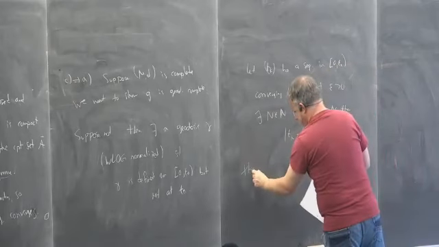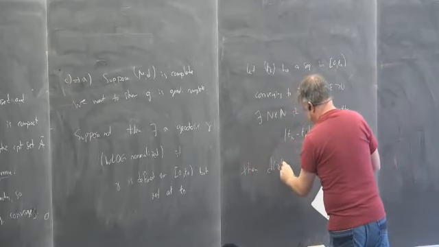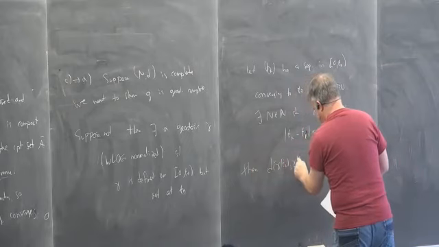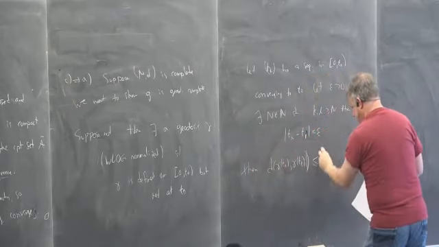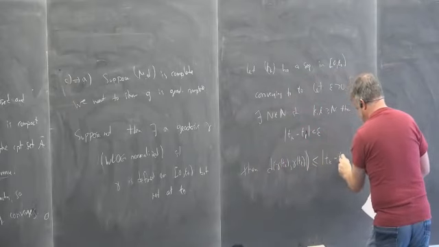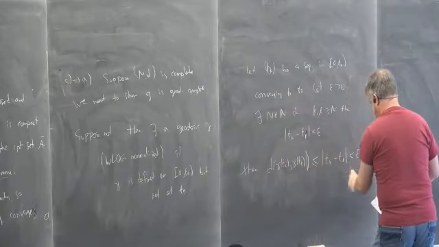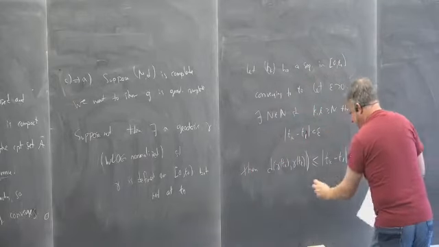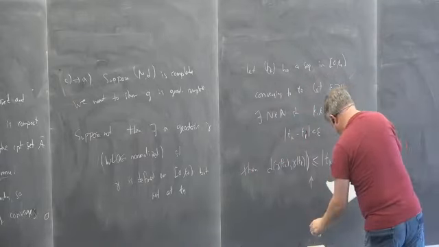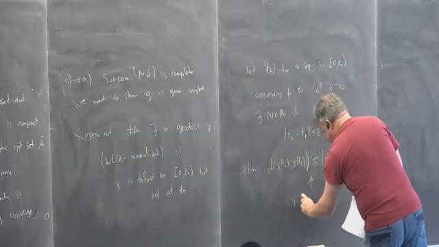But then the distance from gamma of T_k to gamma of T_L is less than or equal to |T_k - T_L|, which is less than epsilon if k and L are at least n. And the reason for this is because this is a normalized geodesic.